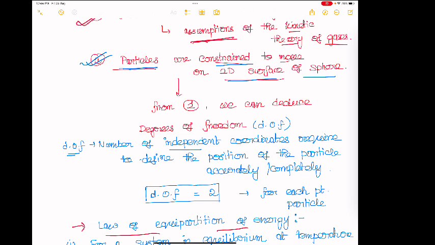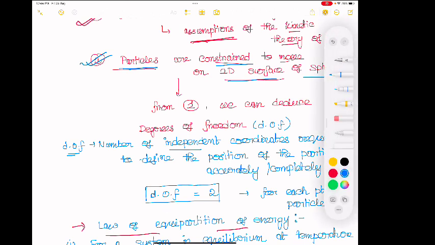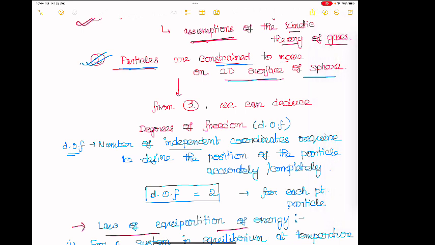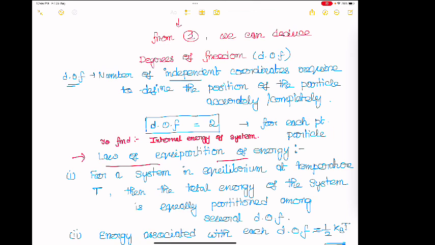Now how to proceed? How to find the internal energy of the system? This is the thing which we need to find. For that, we will use the law of equipartition of energy. What does this law state?